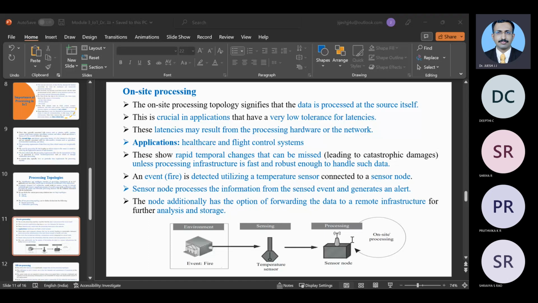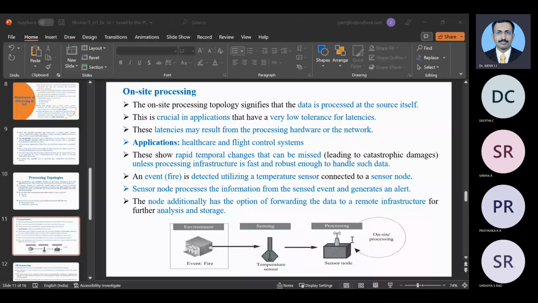For example, let us take an event happening in an industry, like a sudden fire. When the fire happens, the temperature sensor will register a rise in temperature, indicating that something has happened in that space. The sensor node processes the sensed information and generates the alert.